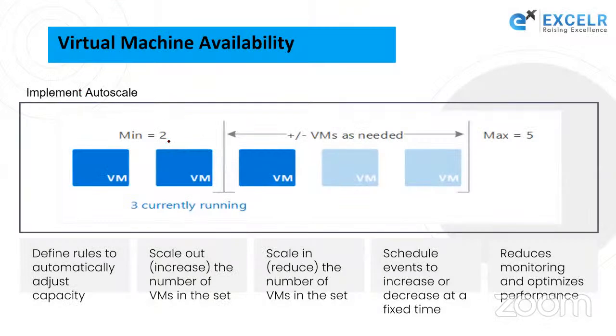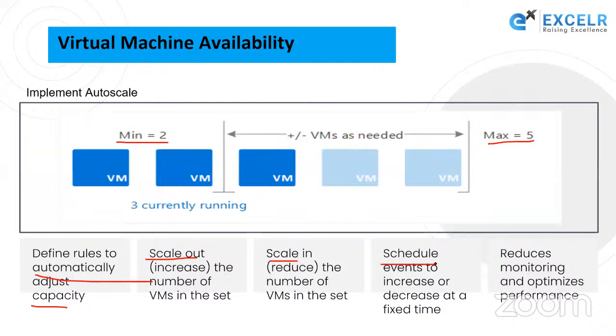So this is how auto scaling can be implemented. You can set up a min value and a max value. Whenever you need auto scaling, you can do that by defining a rule. This rule will automatically adjust the capacity of your auto scaling group. You can have an option of scale out, which will increase the number of virtual machines, and an option of scale in.